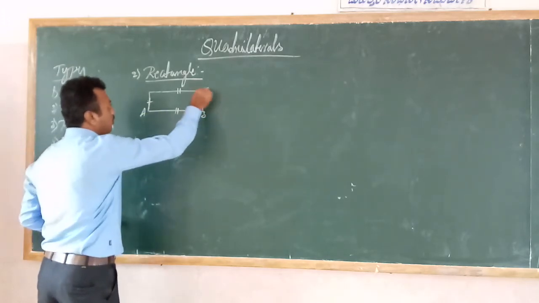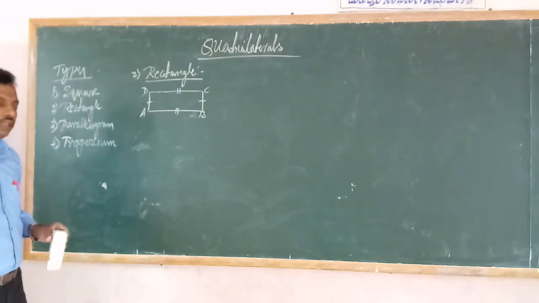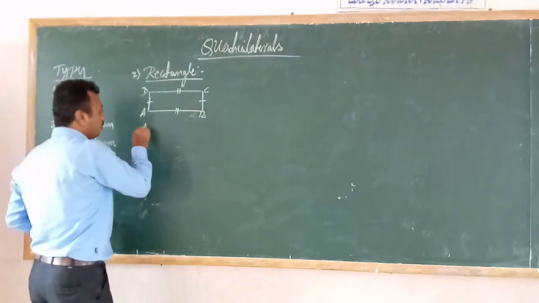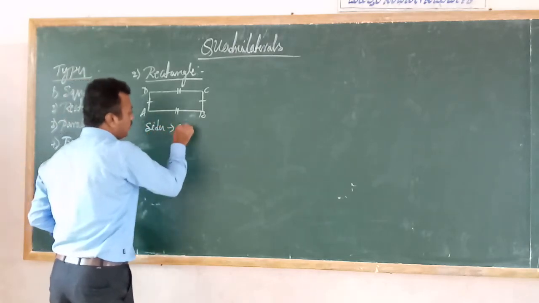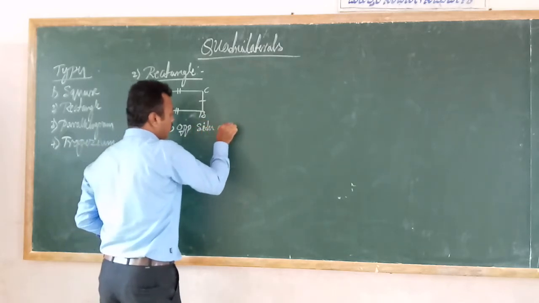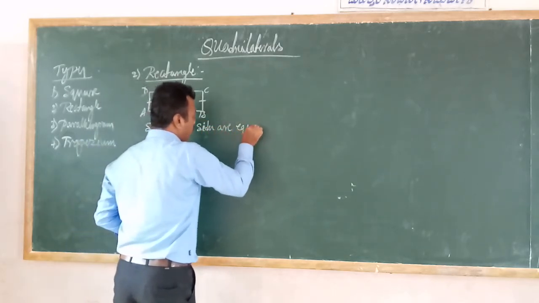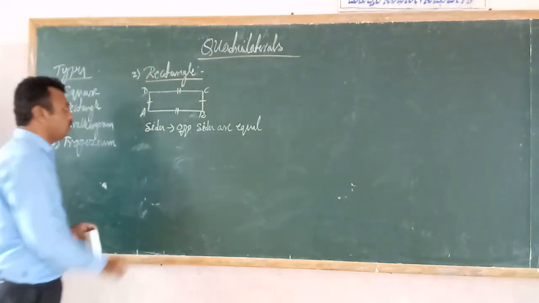ABCD is a rectangle. In that, how are the sides? Opposite sides are equal.